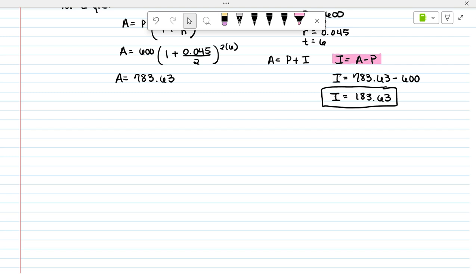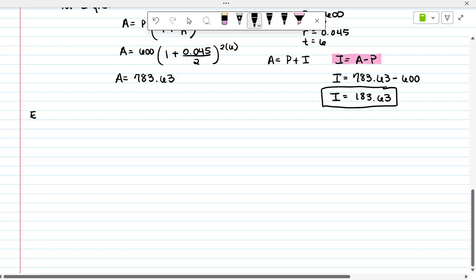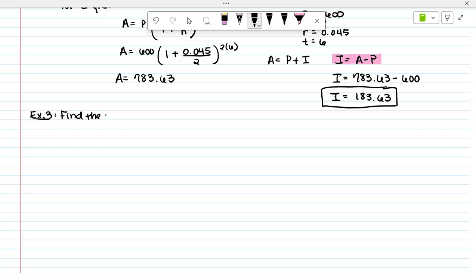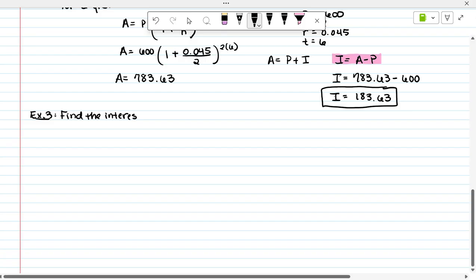Example 3. Let's try another one. We're going to do the same thing. We have: find the interest on $50,000 compounded weekly at 7% for 20 years.